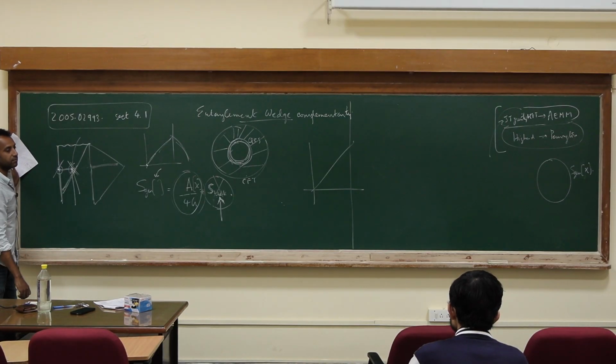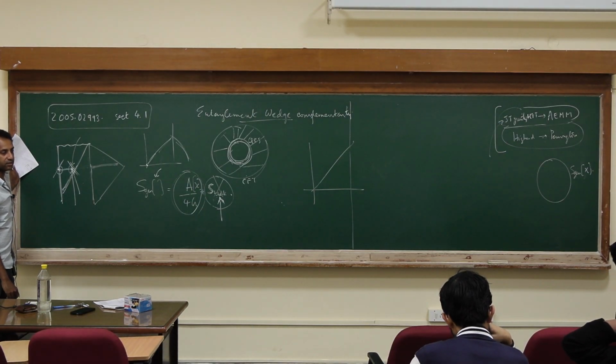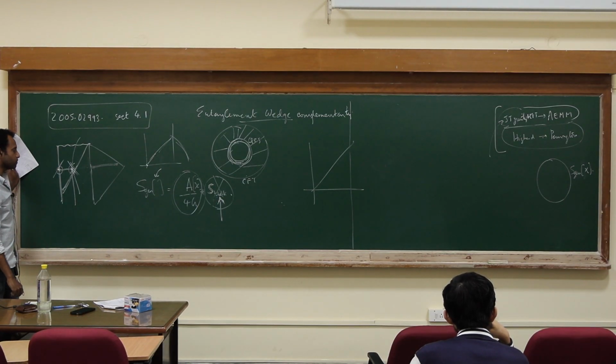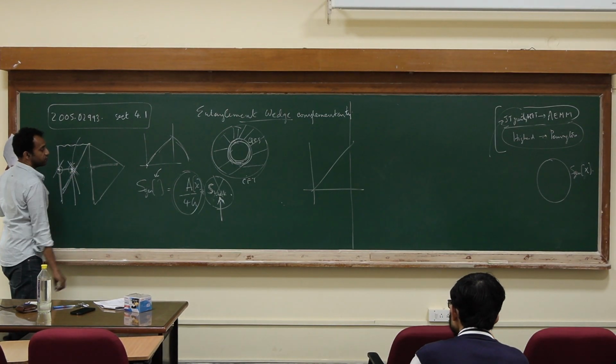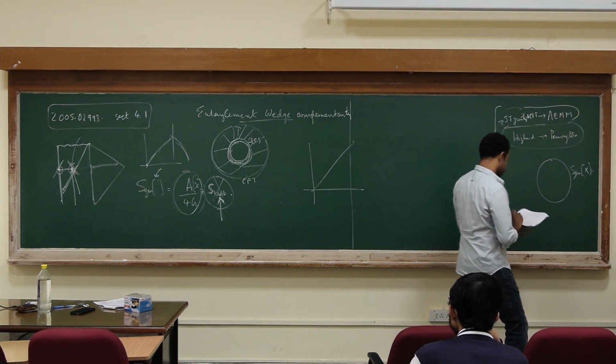There is a nice discussion of that in Pennington's paper. The intuition for that I think is more clear in Pennington's paper, but the calculation is sort of more reliable in the Almheiri paper. So yeah, that's the statement. And do we have any more questions?